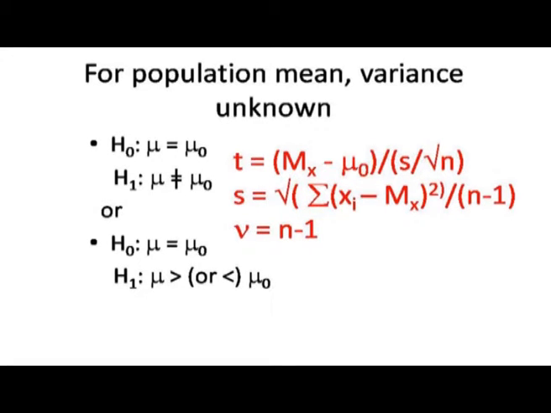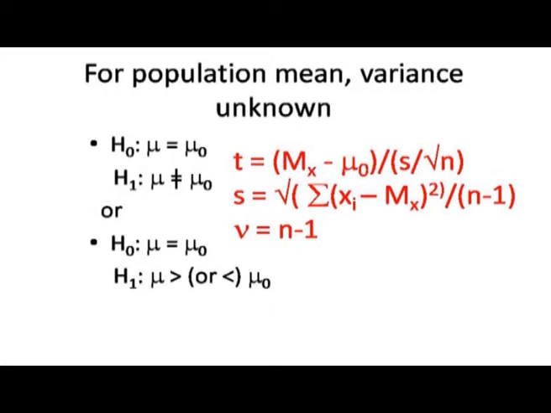S is the standard deviation of the units present in the sample, and s square is defined as the sum of x minus mean of x whole square, divided by n minus 1. Remember that in descriptive statistics, for defining variance or standard deviation, we use n in the denominator, and here we are using n minus 1.